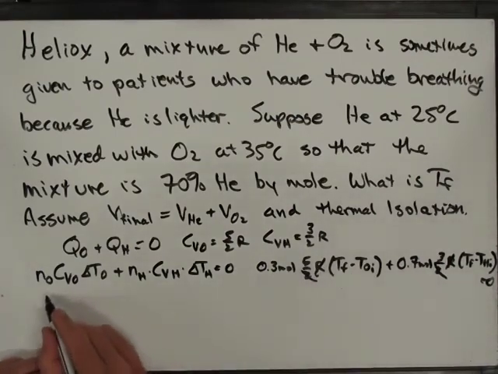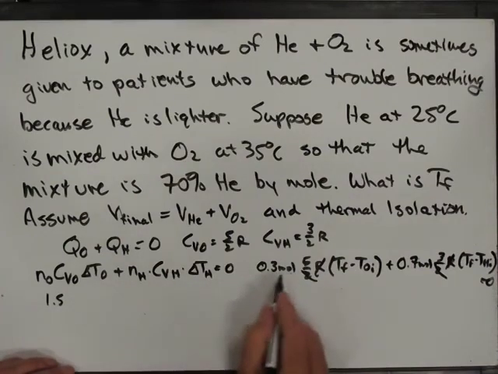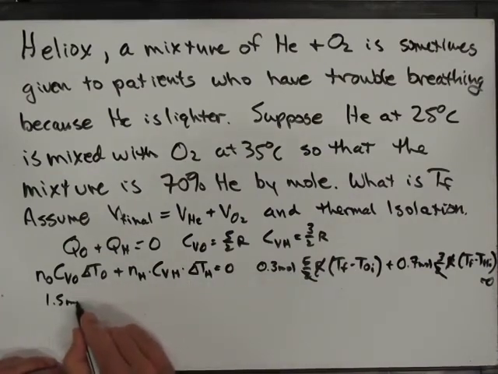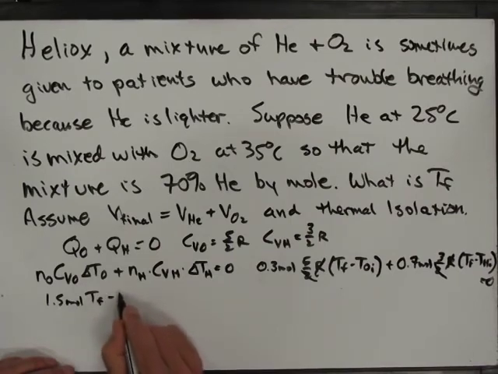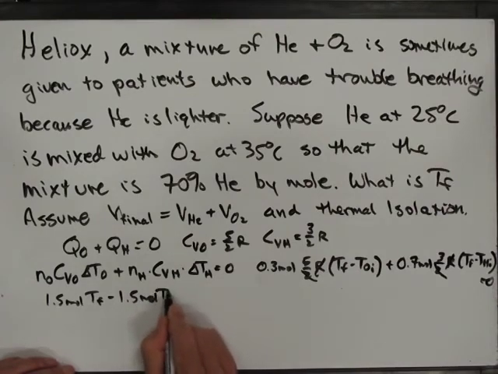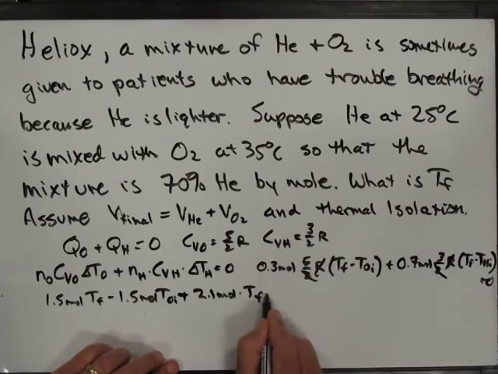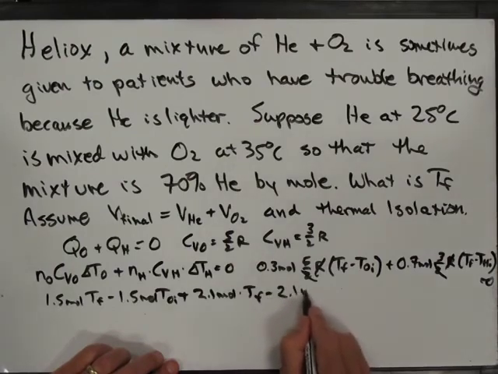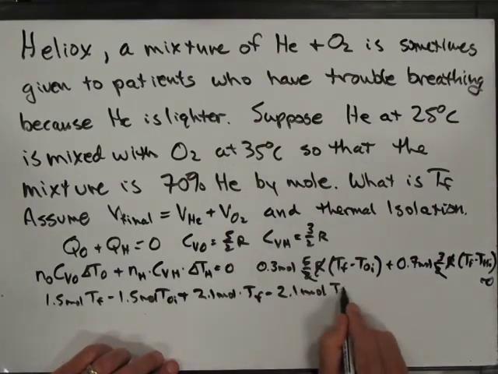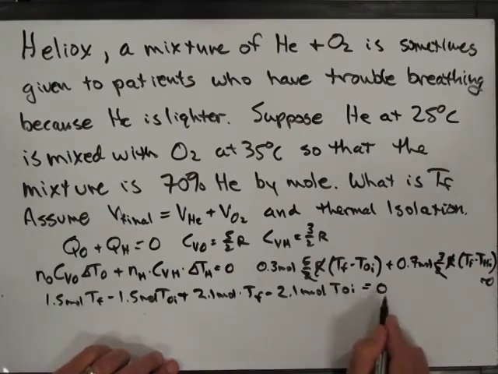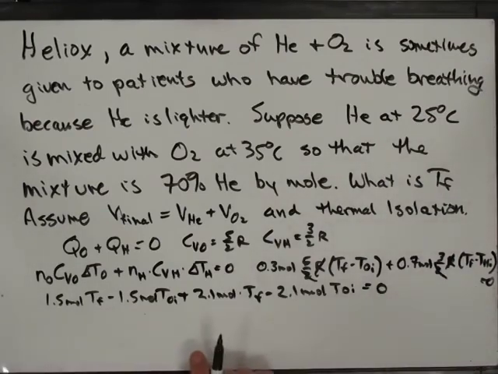And this becomes 1.5 moles times T final minus 1.5 moles times T oxygen initial plus 2.1 moles times T final minus 2.1 moles times T helium initial equals 0, right?